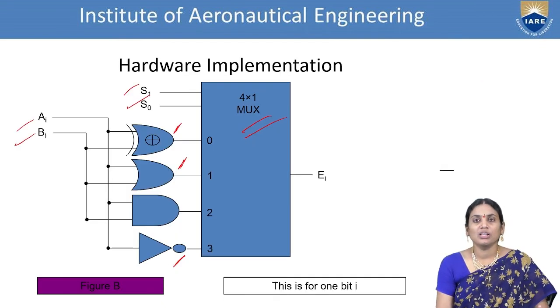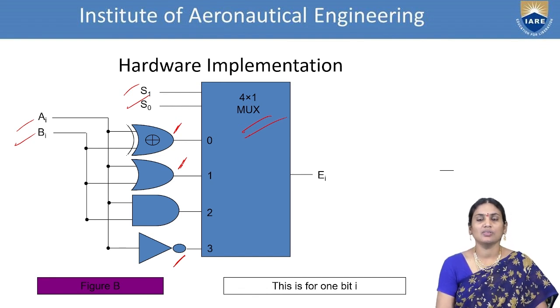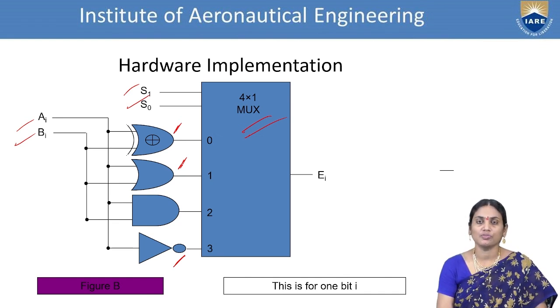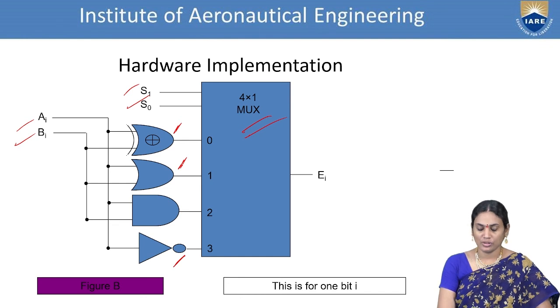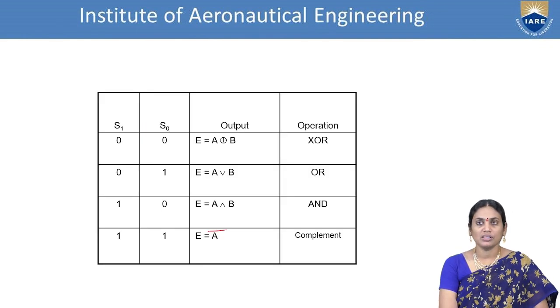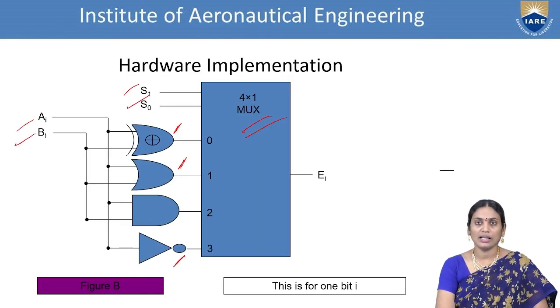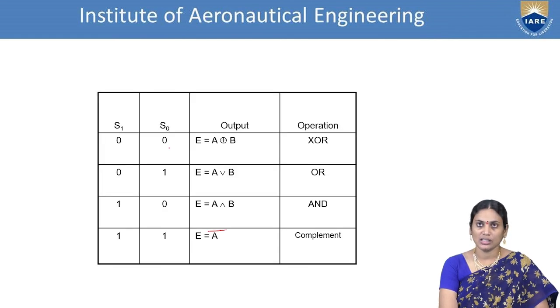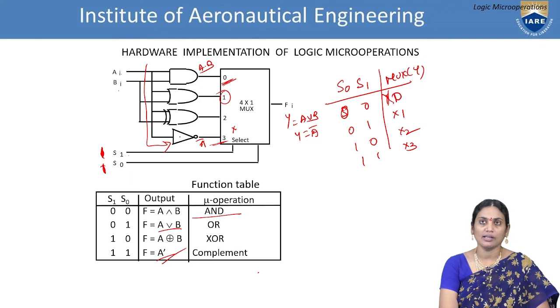In order to build a unique logic circuit which handles all the basic 4 operations, we need a circuit designed using a multiplexer and the combinational circuit for the operations. We can design our circuit in any combination. This is a circuit designed with the XOR first, and this is a circuit designed with the AND gate first.